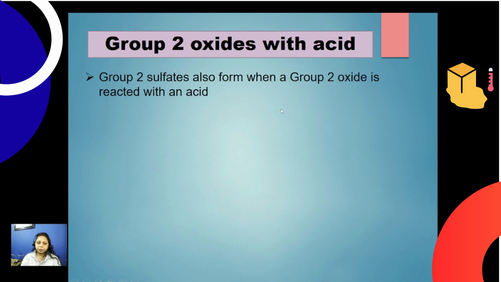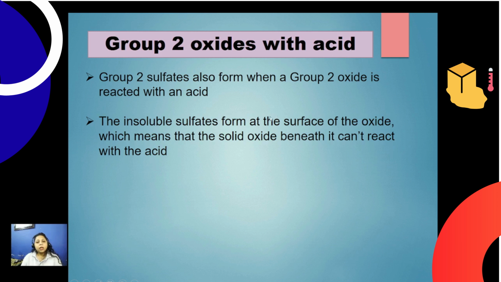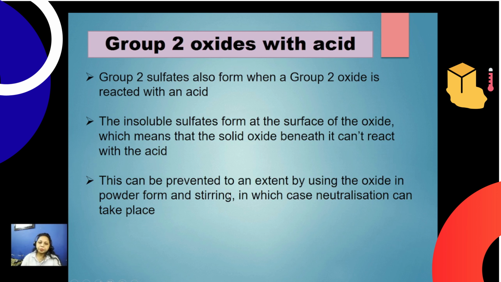Group 2 sulfates are formed when sulfuric acid reacts. We discussed the insoluble sulfates when we covered the direct reaction of metals with acids: calcium sulfate, barium sulfate and strontium sulfate are insoluble because a layer forms outside which prevents the reaction.